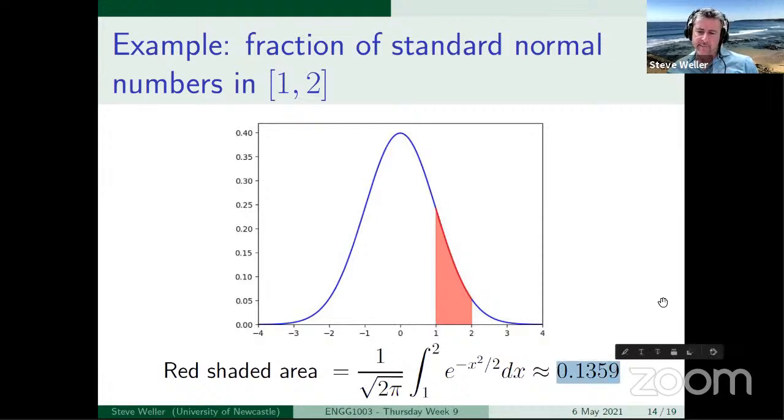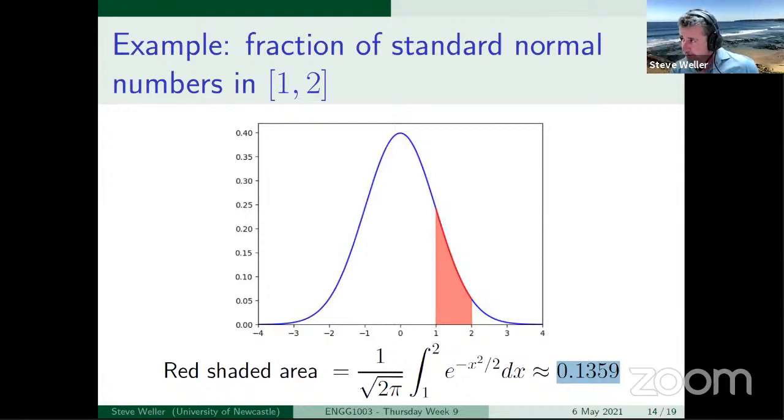Now, at the bottom of this slide, slide 14, I've given you the number that comes out of the code that's going to be on the next couple of pages, and we're going to run it live in a minute. So the red shaded area is equal to about 0.1359. That's to 4 decimal places. That's it as a number.